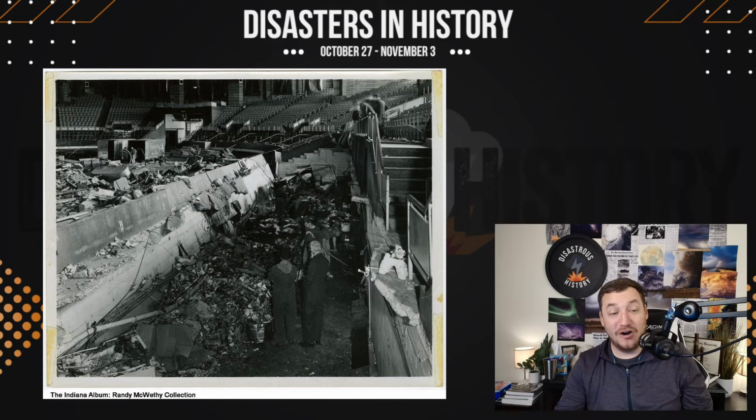But because all of that propane was released, they didn't really have anything to investigate. This did lead to some changes in fire codes, mostly that you can't store propane in an enclosed area anymore, which feels like it should have been a thing that was already well known, but I guess we needed to learn that one the hard way.